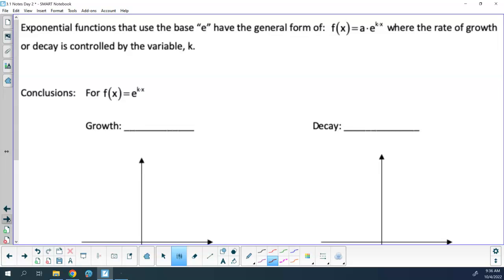For growths, k is positive. So if k is positive, then we have an exponential growth. It goes through the point 0, comma a, now that we've got that a factor in it. Usually it's 1.